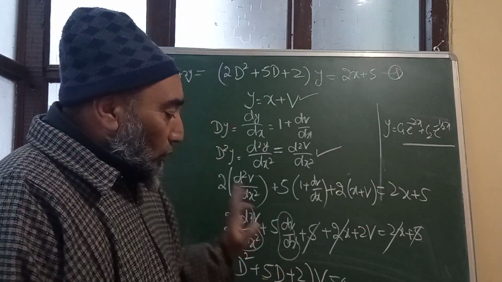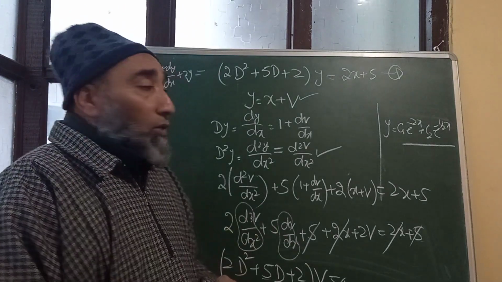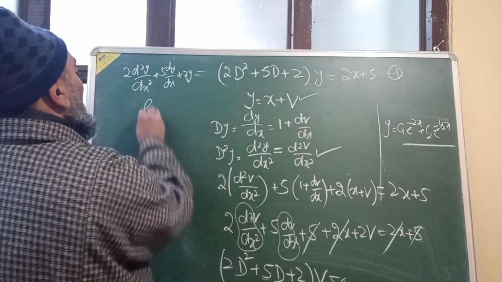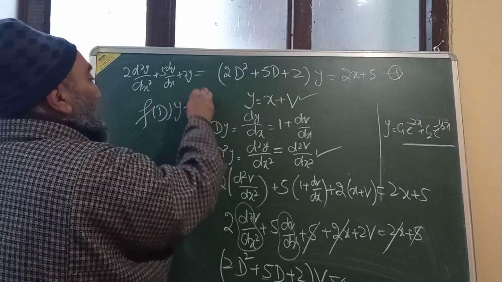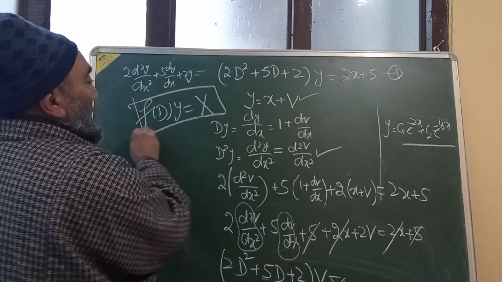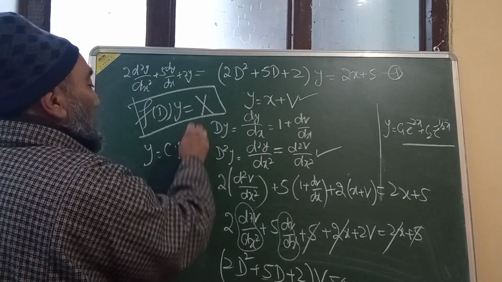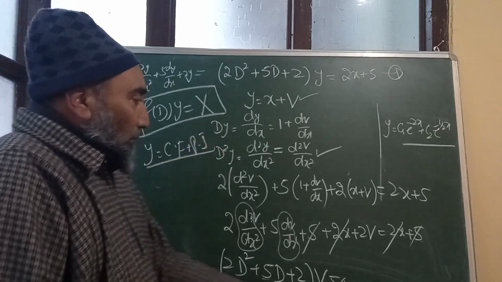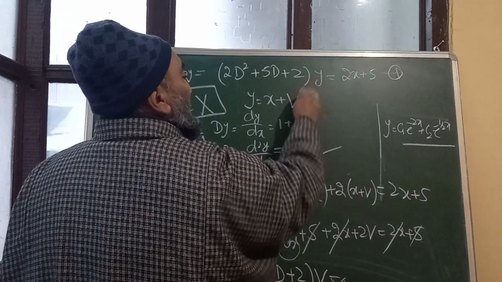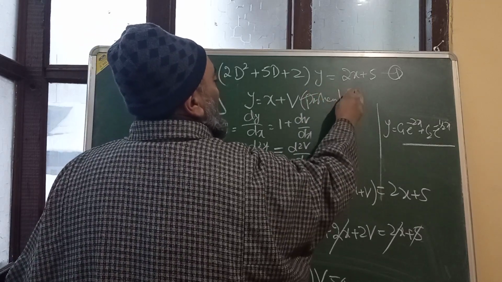Okay, so I will be taking up in my next lecture, when your function f of d, your linear differential equation with constant coefficients, has a right hand side that is a function of x, the solution is given by not only the complementary function but plus some v, which is known as the particular integral.